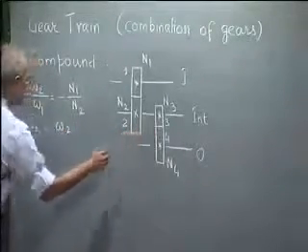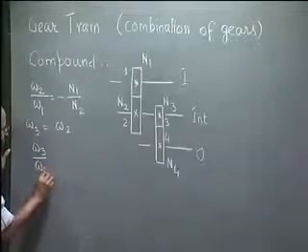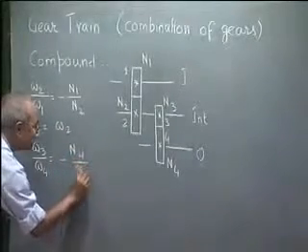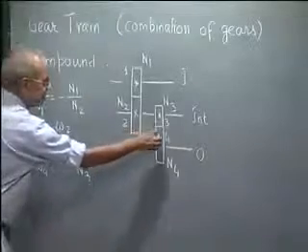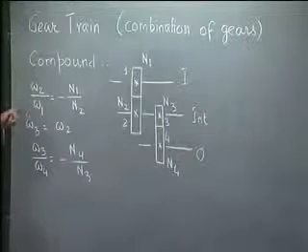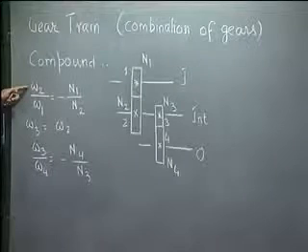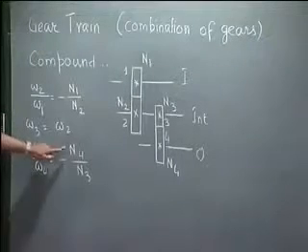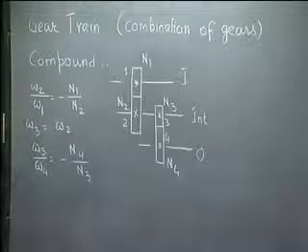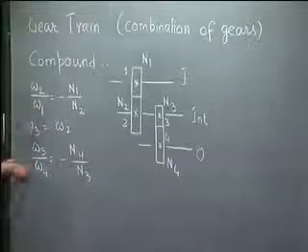And again omega 3 by omega 4 will be minus N4 by N3, because this is again a pair of external gearing. So if I now divide omega 2 by omega 1 by this, omega 2 being same as omega 3, that will cancel.